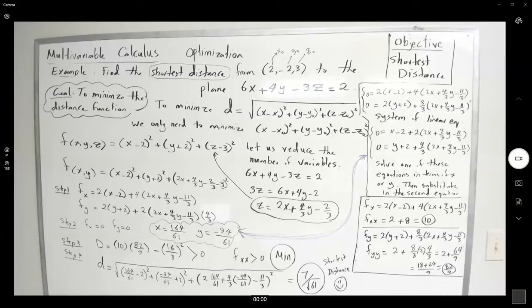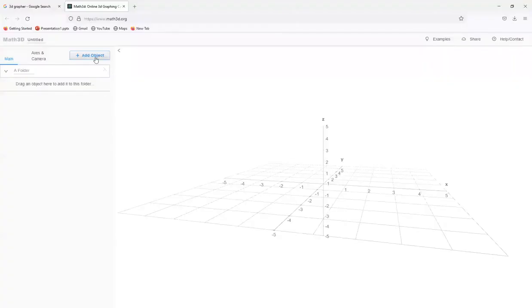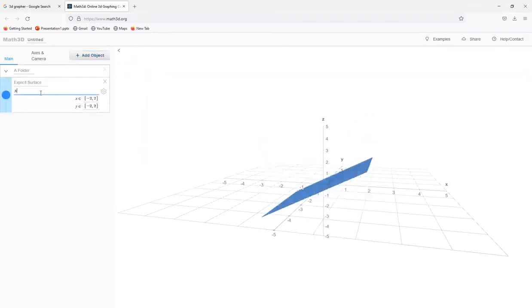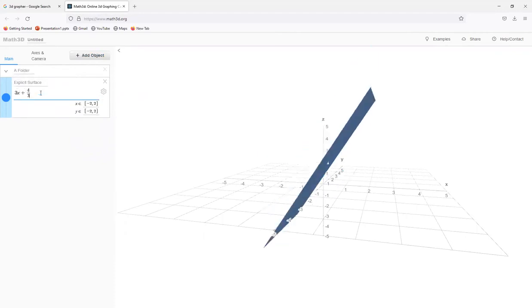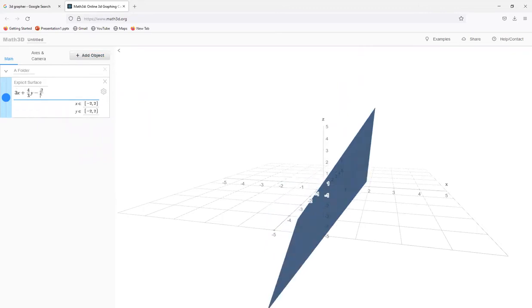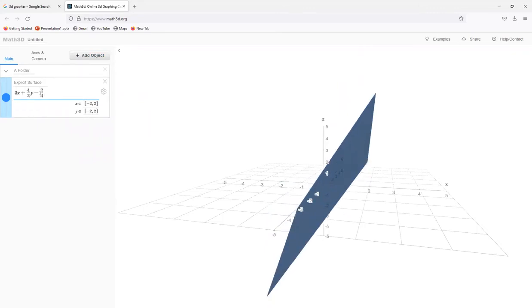So let us take a look at the graph together. Here we have, let us add an object. Well, I have, let's see, 3x plus 4/3 y minus 2/3.